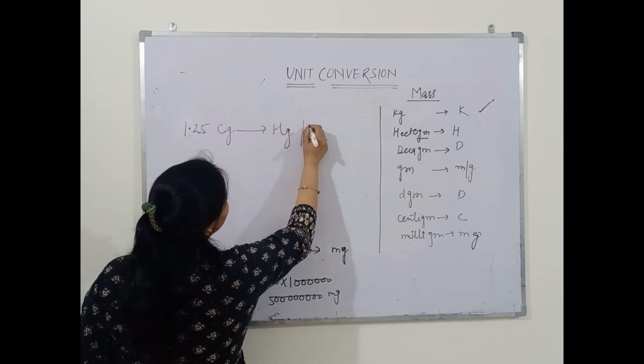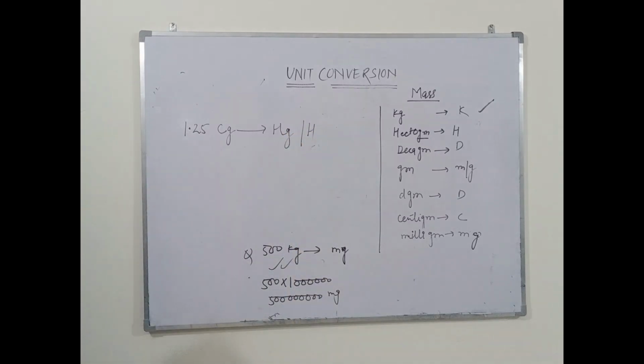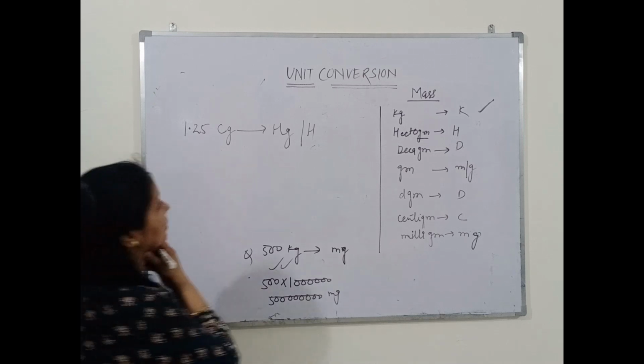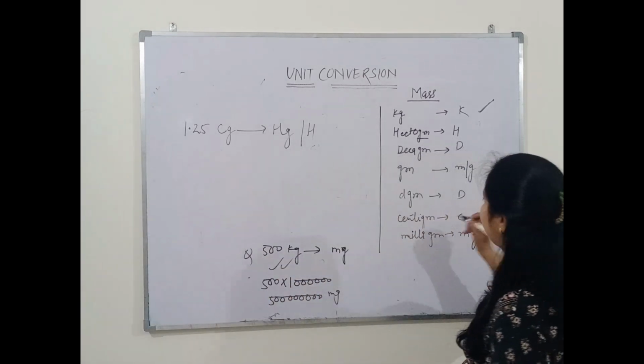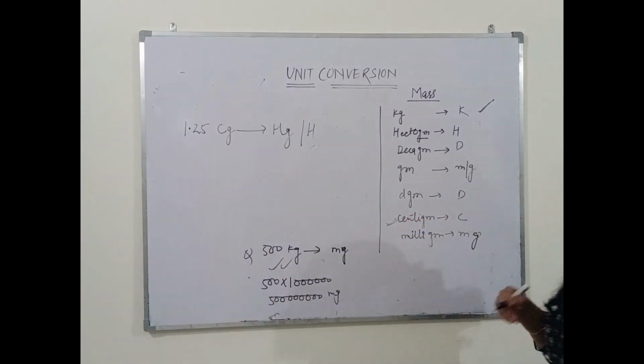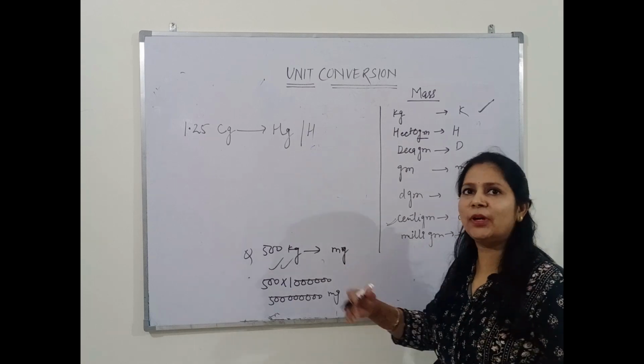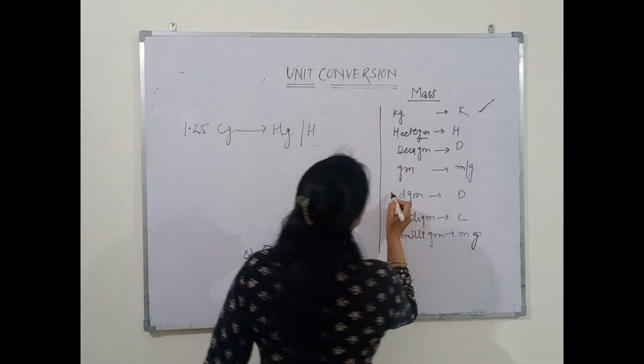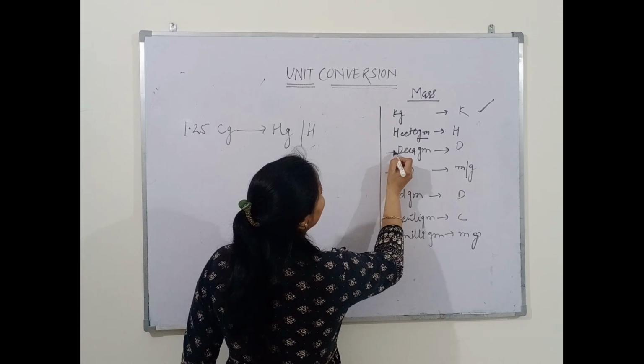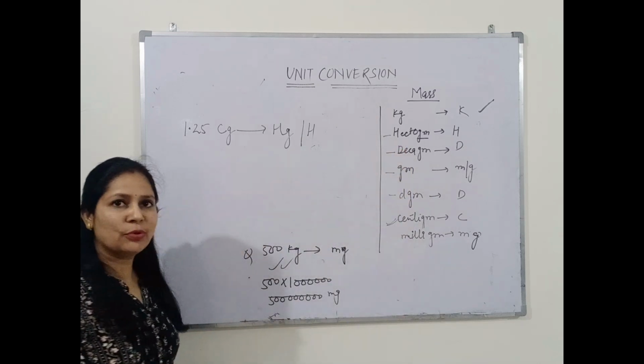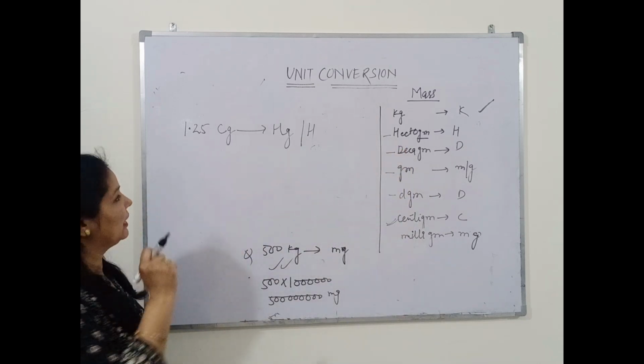You can write Hg also, right? Hectogram. Then what will we do? Where is the centigram? Here. Then see how many steps you will go upside. 1, 2, 3 and 4. You have to go 4 steps up.